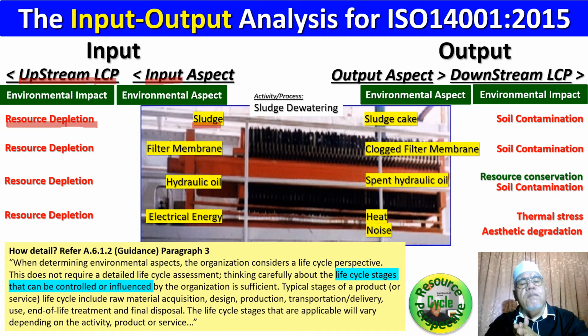Higher purchase of materials or even material spillage. You can do that, nothing wrong. That is just one or two steps from the upstream of its life cycle. No problem, as long as you know what the environmental impact is, and as long as you can control it if you could. Otherwise you could influence.